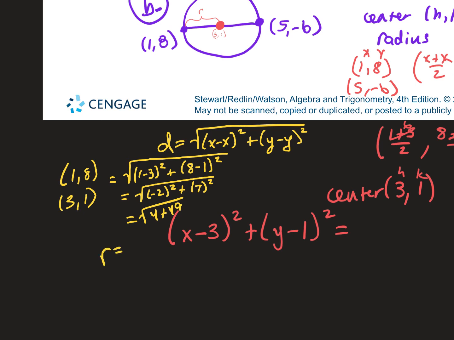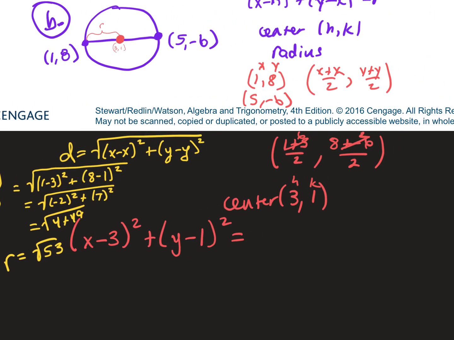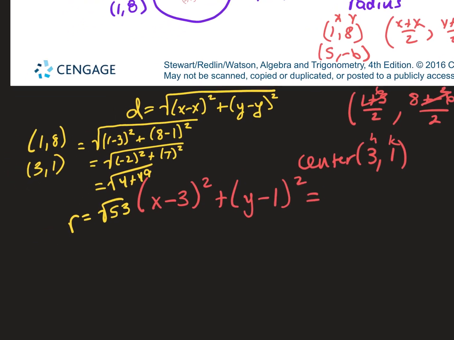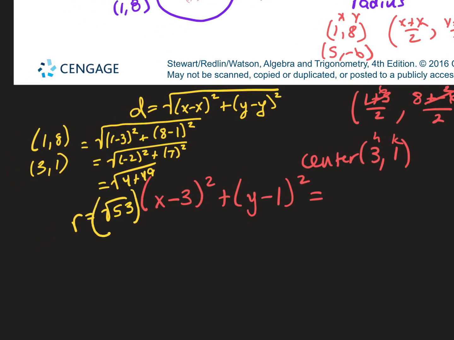So my radius equals the square root of 53. It is prime. But think about it: in your equation of a circle, what goes at the end? Radius squared. So if I square the square root of 53, it's just 53. Perfect.